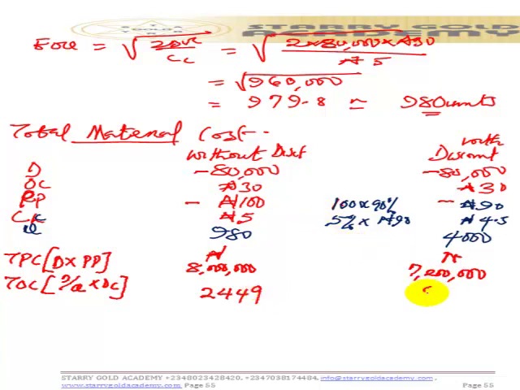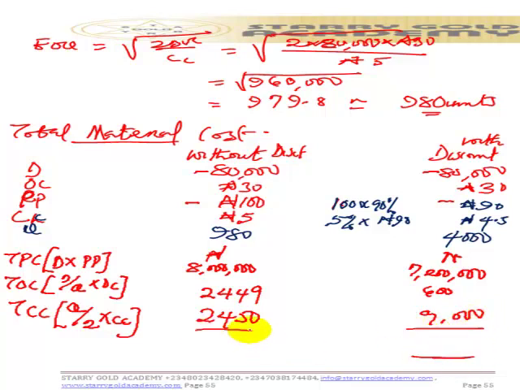So we have 600. Then the total carrying cost, which is Q divided by 2 times the carrying cost. For EOQ 980 divided by 2, with carrying cost 5, we have 2,450. And for 4,000 divided by 2 times 4.5, that's 9,000.